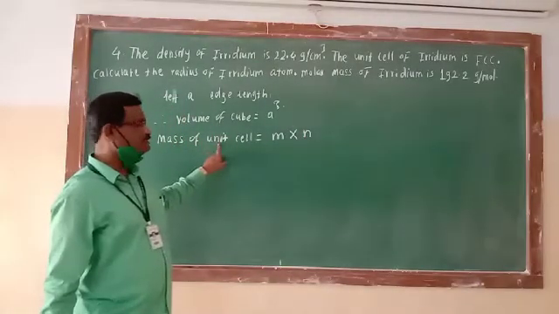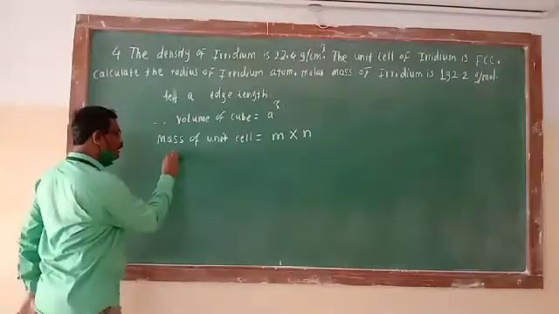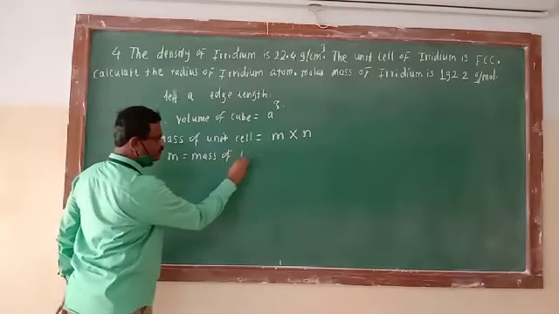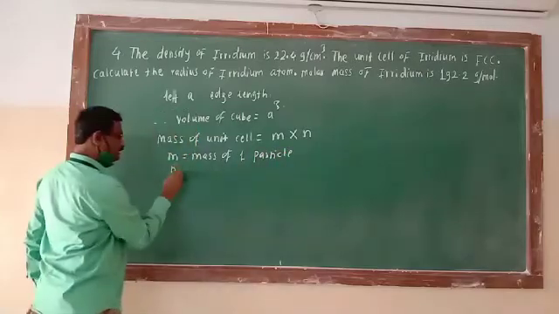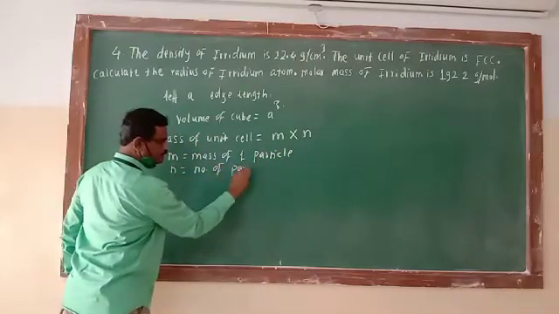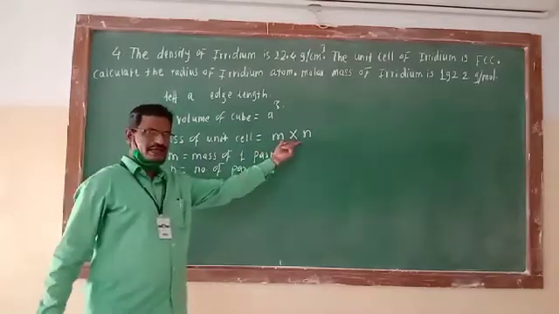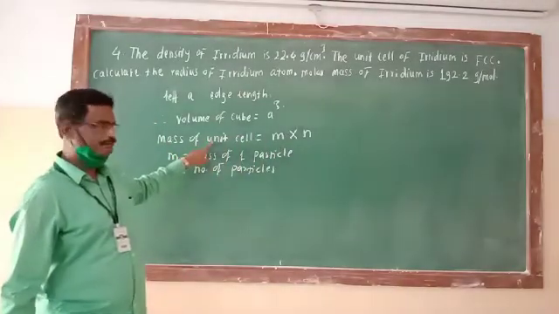Therefore mass of unit cell will be the product of m into n, where small m is nothing but the mass of one particle and n will be the number of particles. So this product m into n will give us the mass of unit cell.